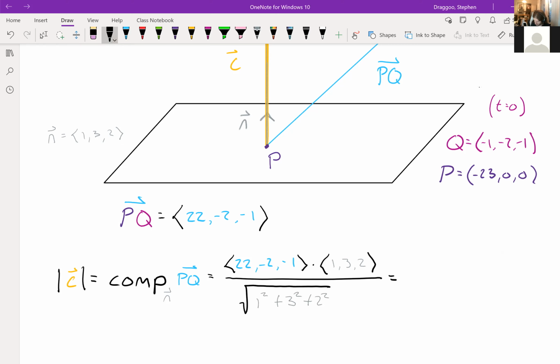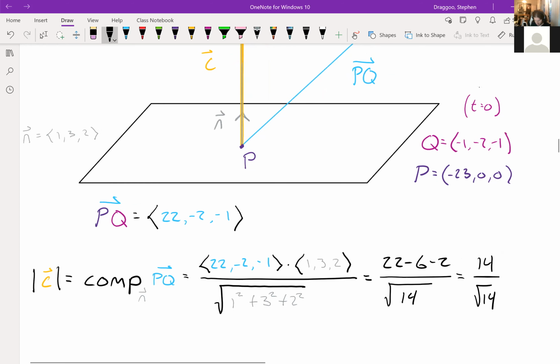What do we have over here? 22 minus 6 minus 2 divided by the square root of 1 plus 9 plus 4 is 14, which is 14 over the square root of 14. 22 minus 8 is 14, last I checked.